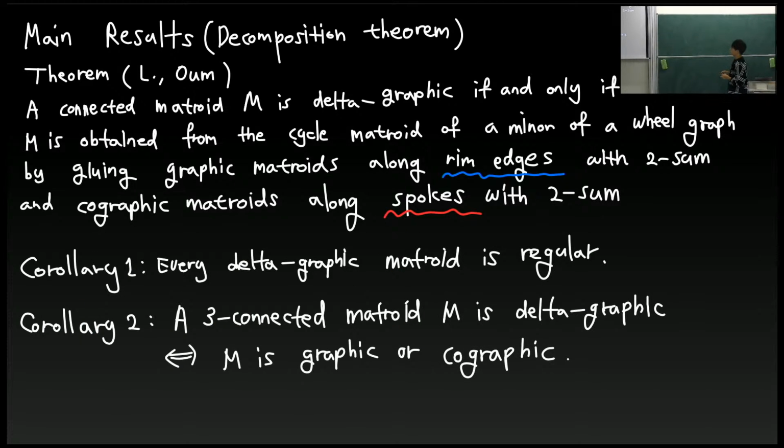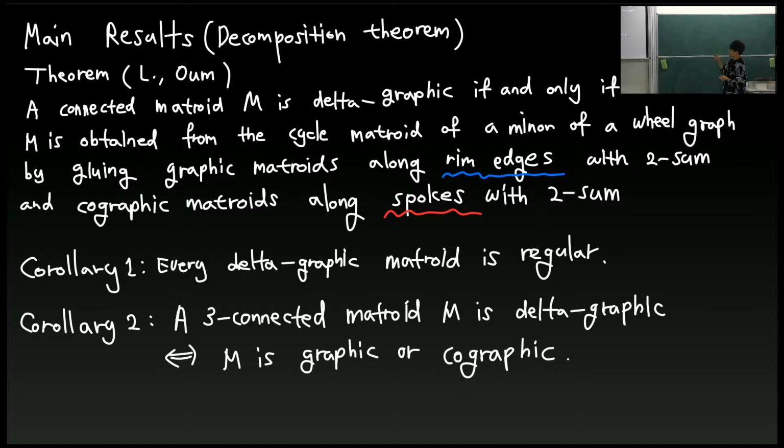This gives two corollaries. The first corollary says that every delta-graphic matroid is regular. A regular matroid is a matroid which is representable over every field. This corollary comes from the fact that graphic matroids and cographic matroids are regular, and the two-sum of two regular matroids is also regular.